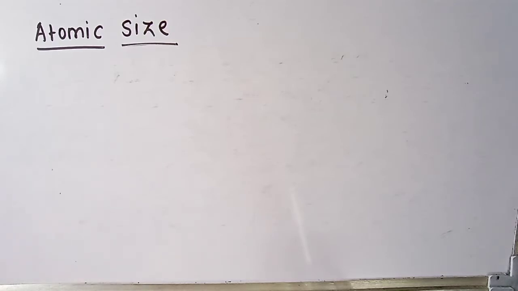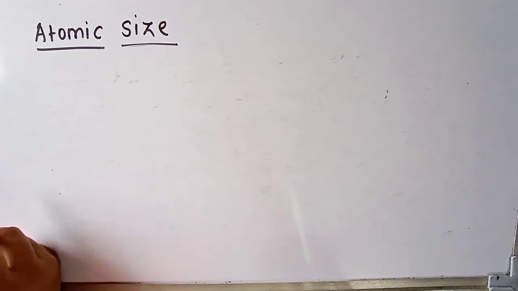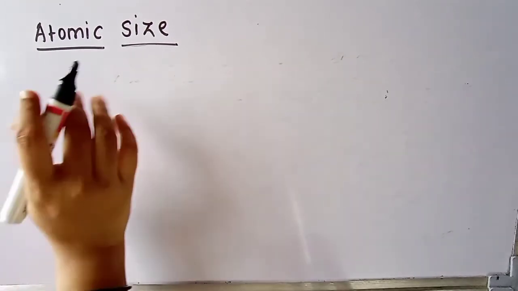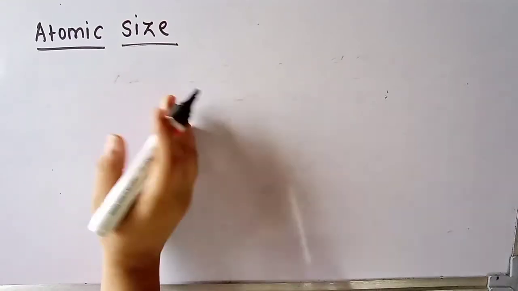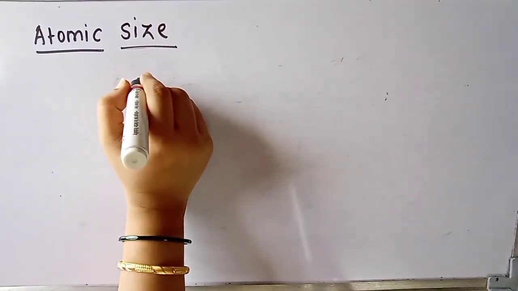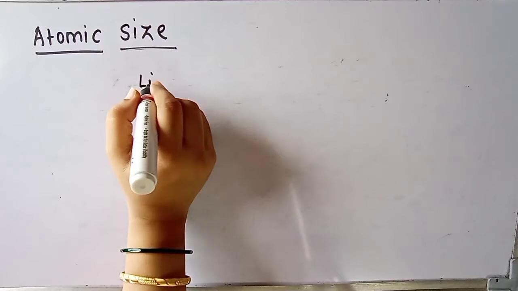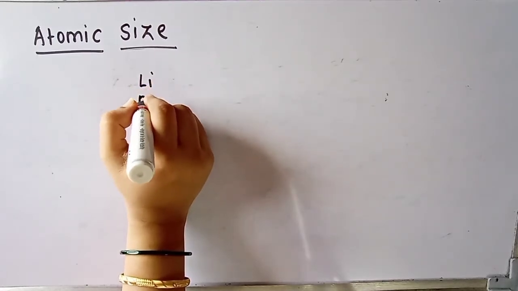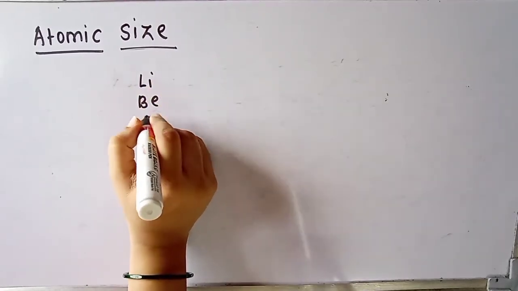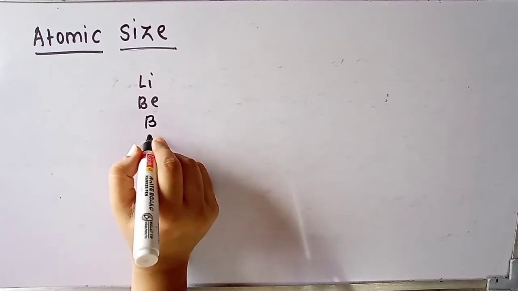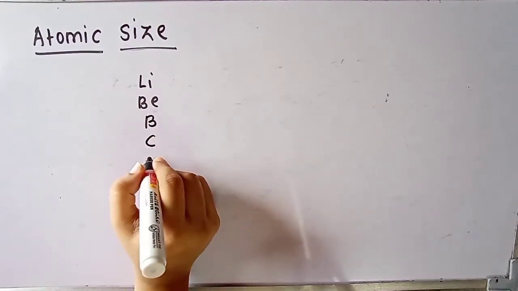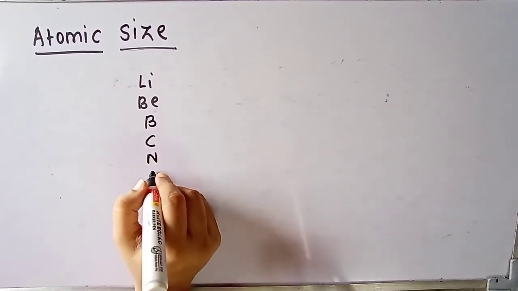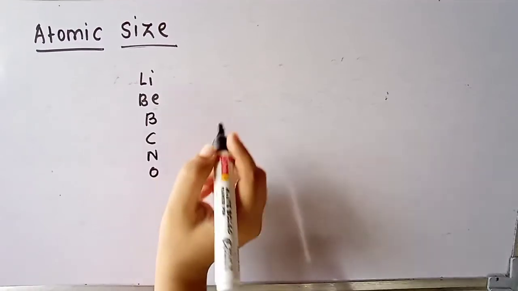Now arrange the above elements in a decreasing order of their atomic radii. So radii are given, so you can arrange them. So the greater one is what? 152, so lithium, then beryllium, then carbon, then nitrogen, and last is oxygen.